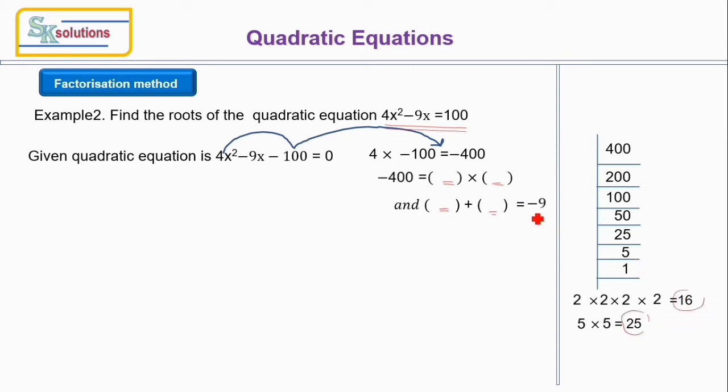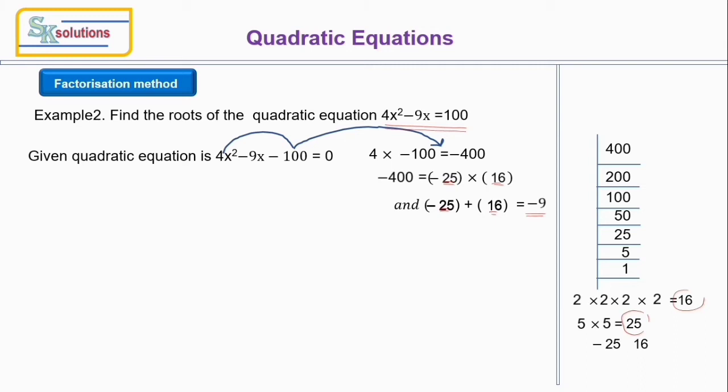And the sum is negative, which tells us that the bigger number must be negative. Which is the bigger number here? Yes, it is 25. So 25 must be negative. So we conclude that minus 25 and 16 are the factors of minus 400. That is, minus 400 is equal to minus 25 into 16, and minus 25 plus 16 will give us minus 9.